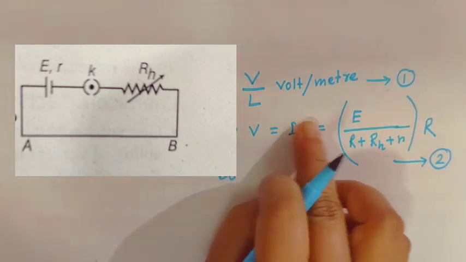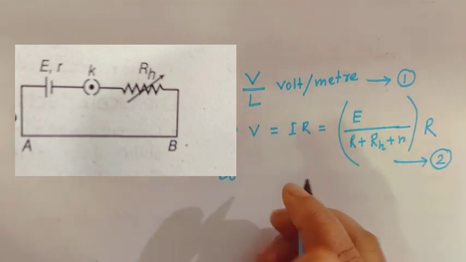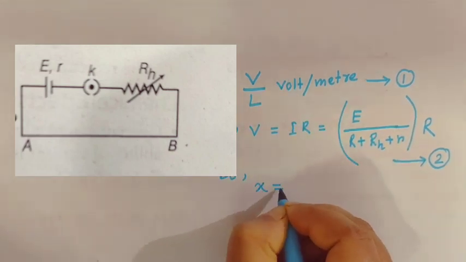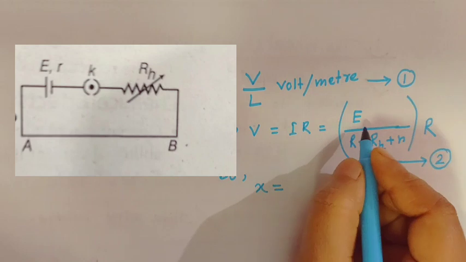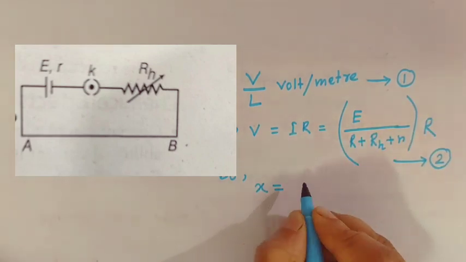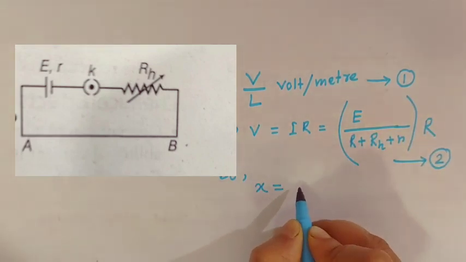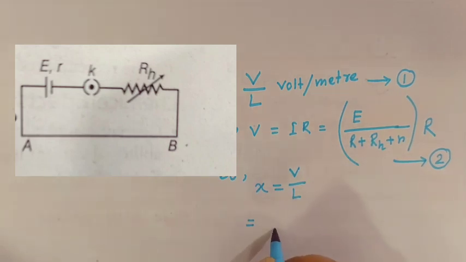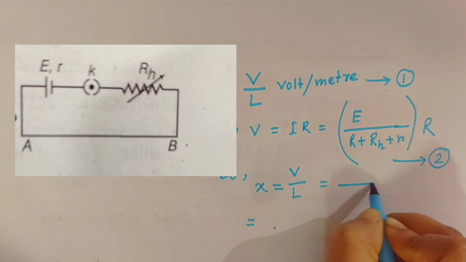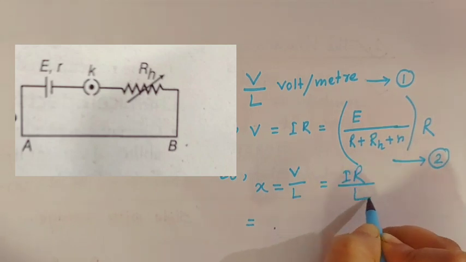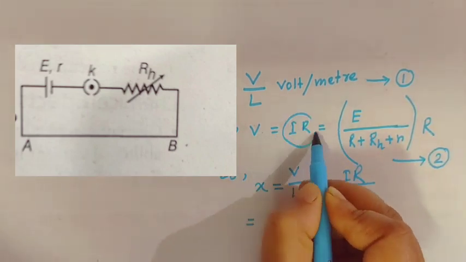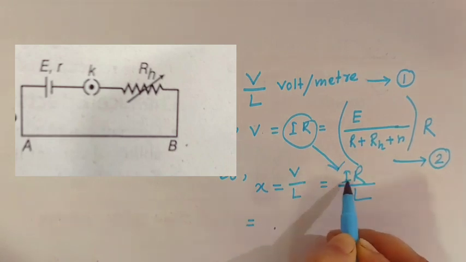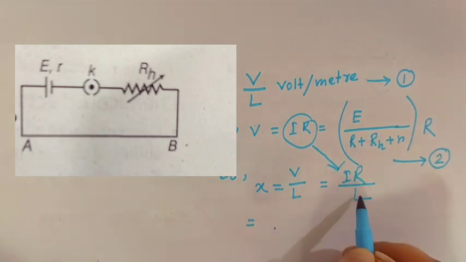Putting the value of V from equation 2 into equation 1, we write x = V/L = IR/L, because V = IR.